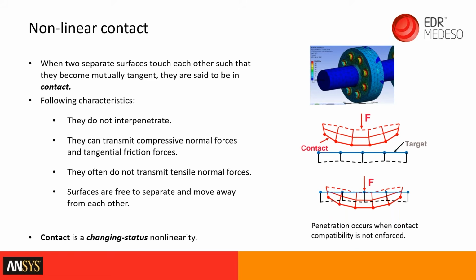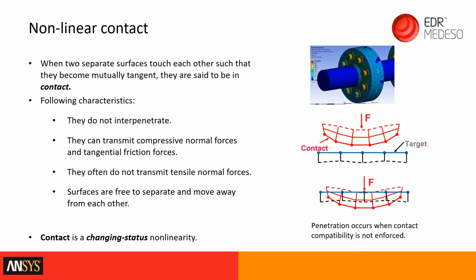Physically, they don't pass through each other. They transmit compressive forces, and tangential friction forces when they're sliding, but they usually don't transmit tensile forces. So as you pull the components apart, a gap opens up and there are no tensile forces. So surfaces are usually free to move away from each other.